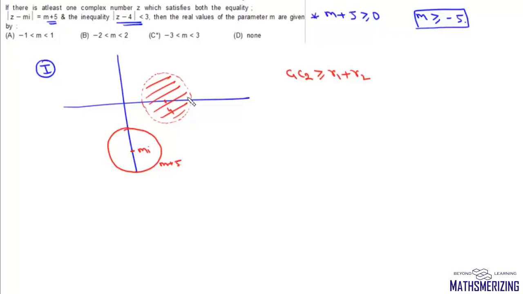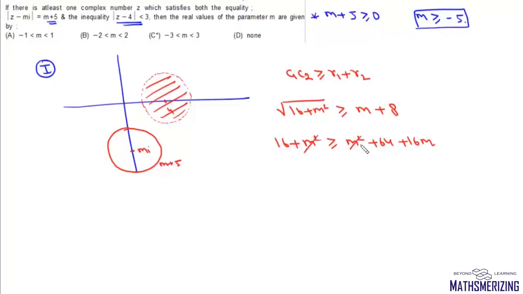Now what's C1C2? C1C2 is under root of 16 plus m square and it will be greater than or equal to m plus 5 plus 3, which is m plus 8. So it will be 16 plus m square greater than or equal to m square plus 64 plus 16m.